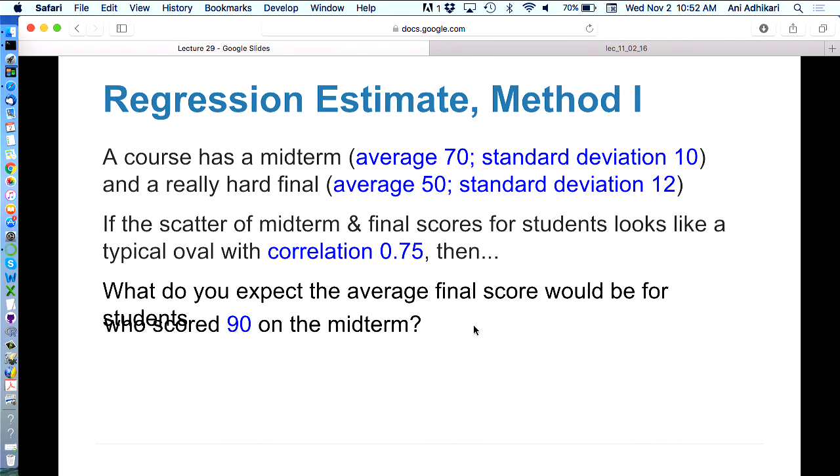Now find somebody to work with and work out what you're predicting. First, figure out what you're given in standard units, then use regression.